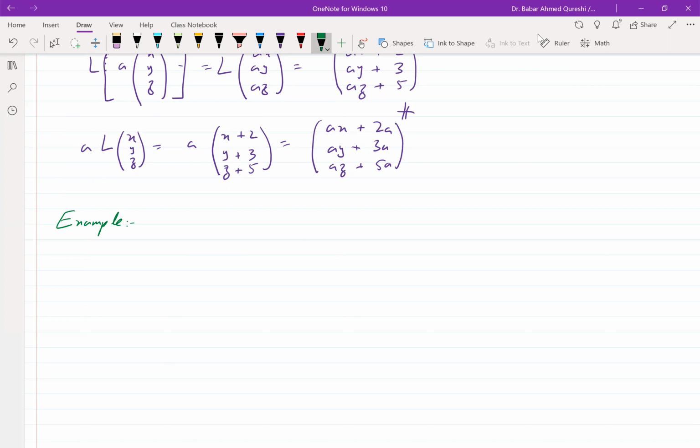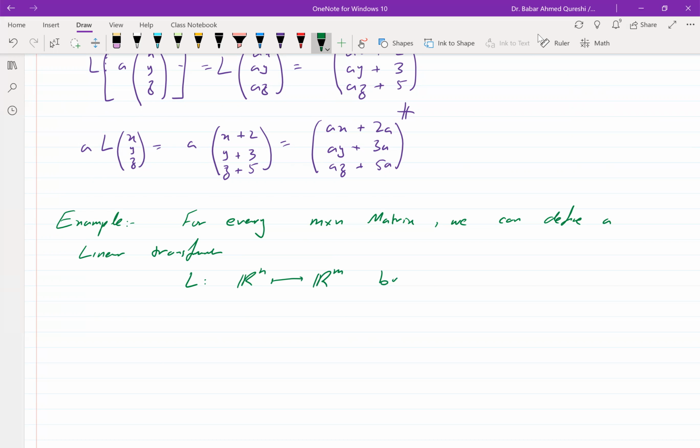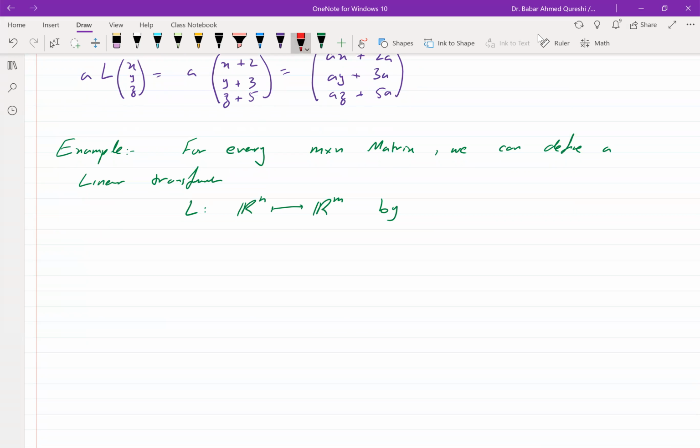Or maybe it should be considered a result, a kind of theorem, that for every m by n matrix, we can define a linear transformation from Rn to Rm by giving this definition.